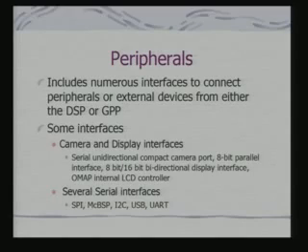Also, there are several serial interfaces: SPI, McBSP, I2C, USB, UART. McBSP we have already seen, and through these interfaces various devices can be connected to OMAP. In fact, if you are thinking of using your OMAP processor as a core processor in a cell phone for data and voice communication, you will require a modem.